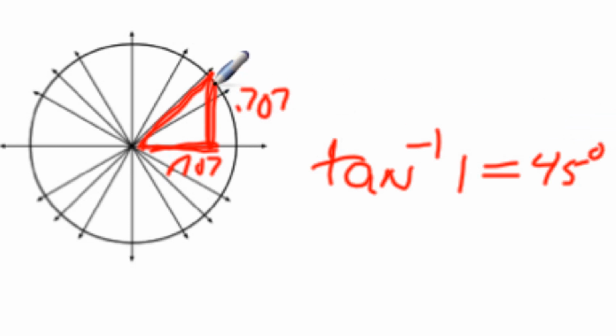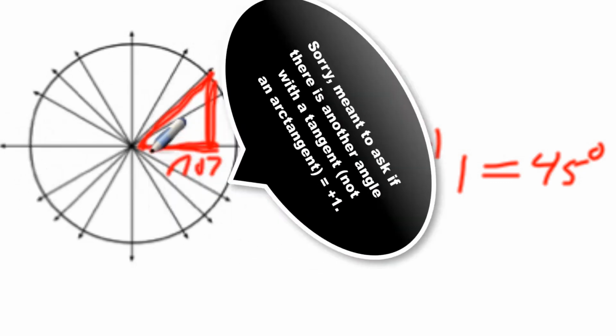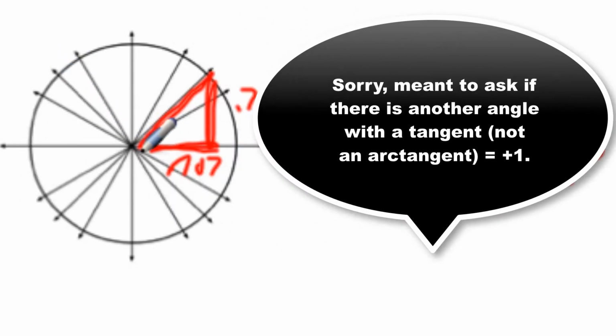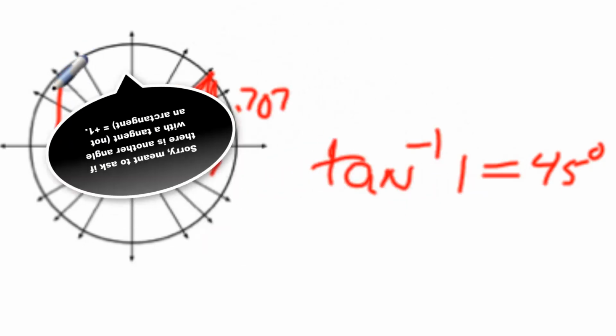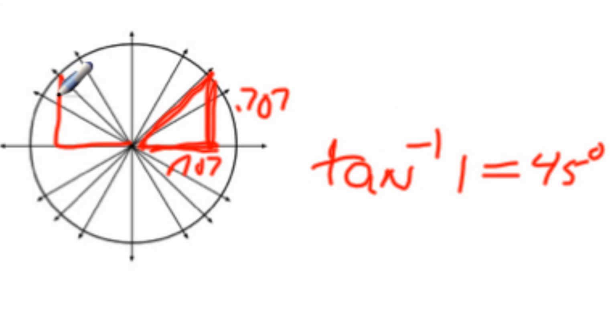Is there any other angle that has an arctangent equal to positive 1? Well, if we take 135 degrees over here, that wouldn't work because the opposite, the sine, is 0.707, but the adjacent, the cosine, is minus 0.707, so that gives you a tangent of minus 1.